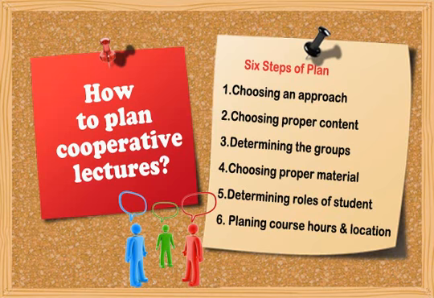How to plan effective cooperative learning lessons. Firstly, the teacher clarifies goals and objectives. Secondly, the teacher provides a hook and introductory information. Thirdly, organize student teams with clearly defined roles.